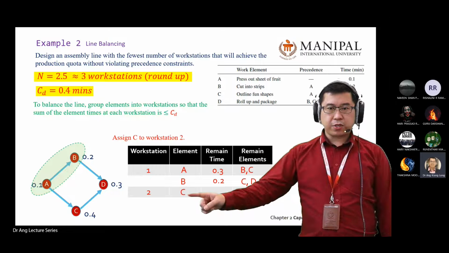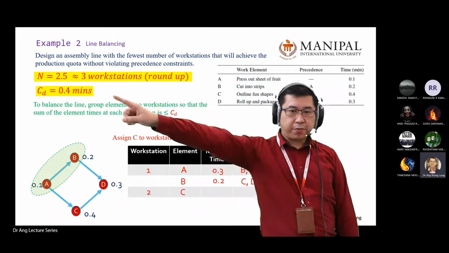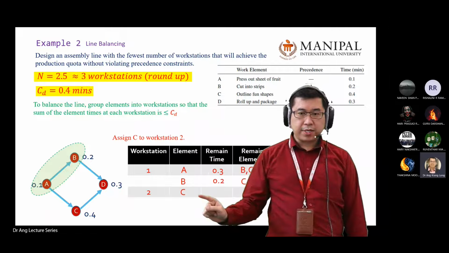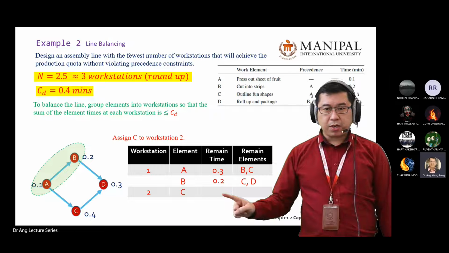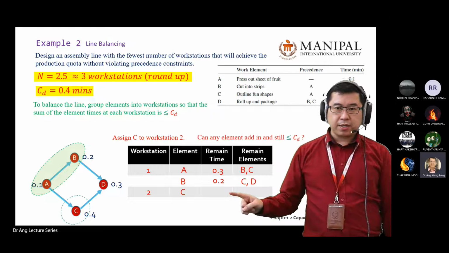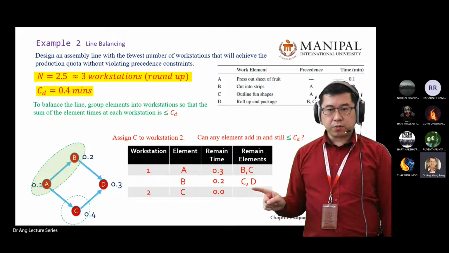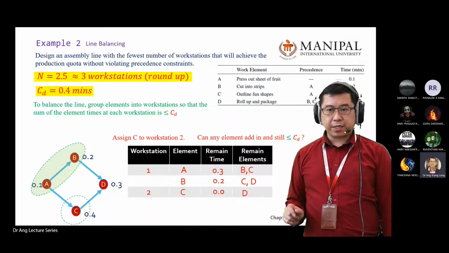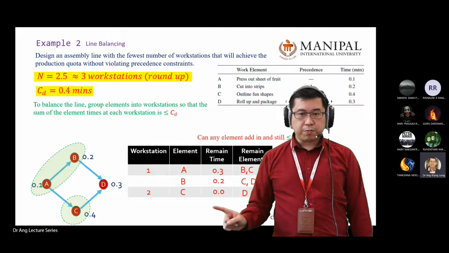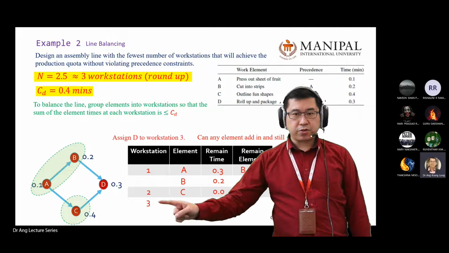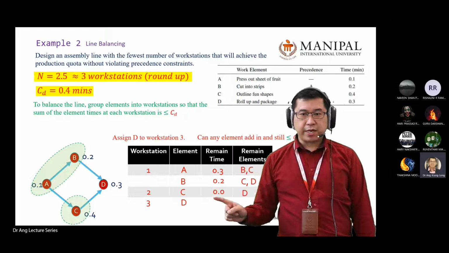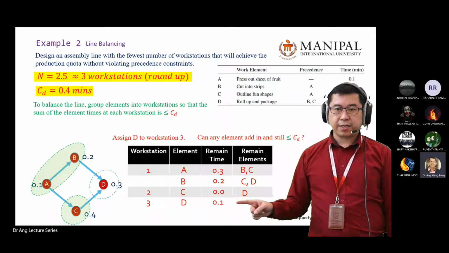If you put C, what is the time you need? 0.4 maximum. Process C is 0.4. It will use up all the time, so the remaining is 0.0. So the next element will be D. You put D in workstation 3, and the remaining time is 0.1.